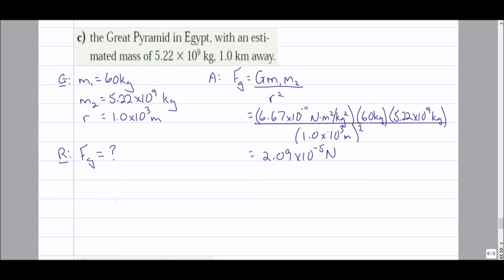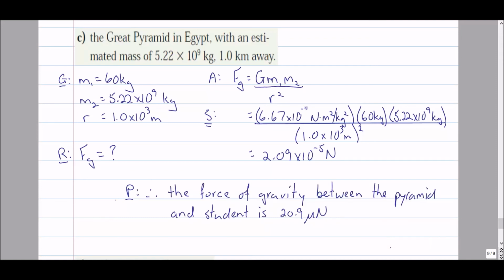Now we're talking on the order of a fifth of a millionth of the force that it would take to hold up that 1 kilogram mass. This is our substitute and solve, and then our paraphrase. And there we have the force of gravity between the pyramid and student is now 20.9 micronewtons.